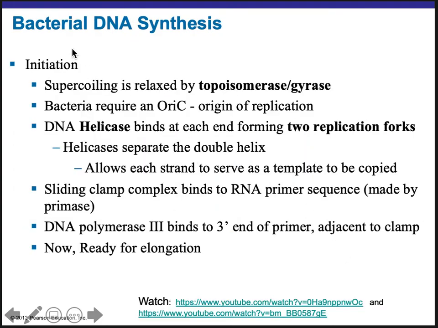All right, so bacterial DNA synthesis is pretty similar to eukaryotic synthesis. The key difference is, of course, that you're working with a circular piece of DNA, and you have what we call an origin of replication, a single origin of replication. Okay, so that's a key difference.